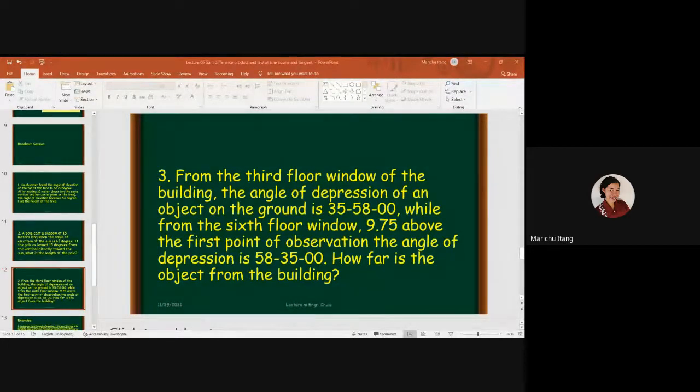Yes? Someone raised a hand. Do you have an illustration? Kindly show it to the class. Eval, they now have the illustration. Marilia, do you have the illustration for this problem?